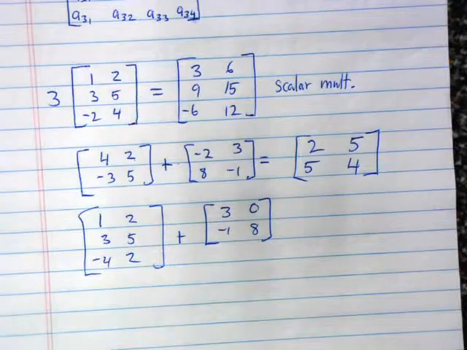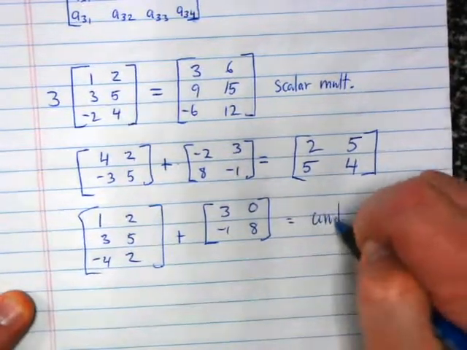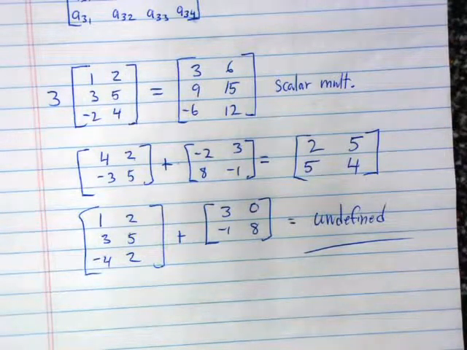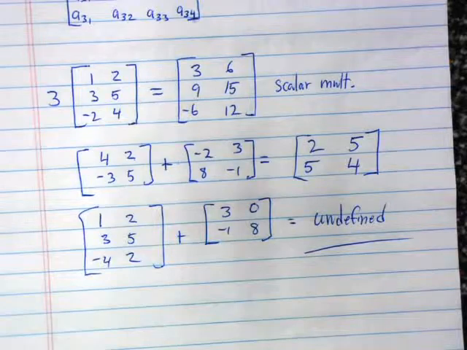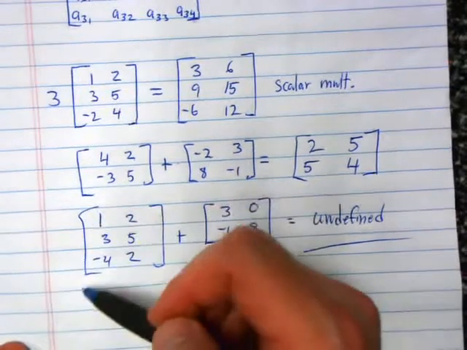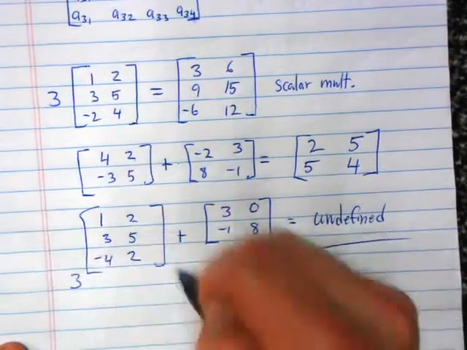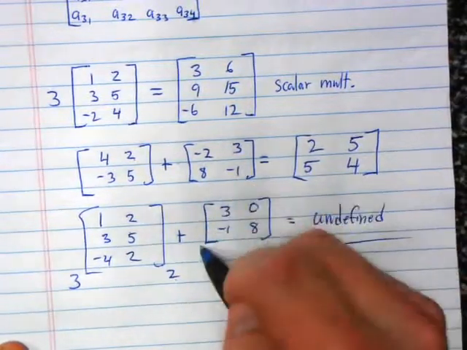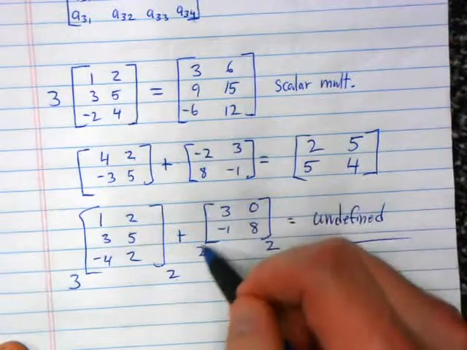Undefined. Why not? The dimensions do not match. What do you mean the dimensions do not match? This one is 3 by 2, which means 3 rows, 2 columns. And this one is 2 by 2, 2 rows, 2 columns.